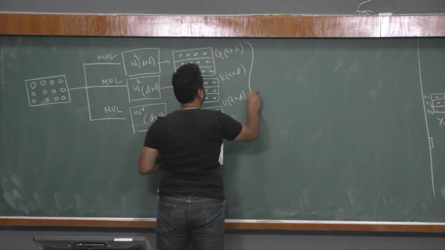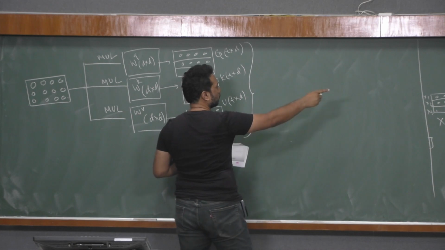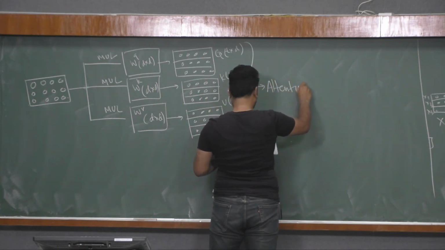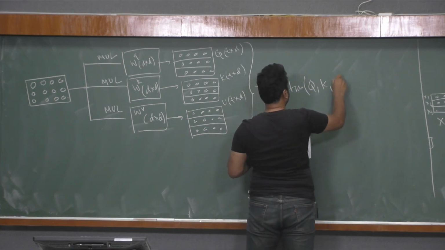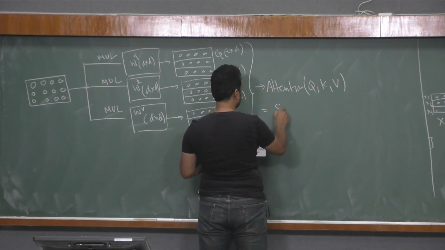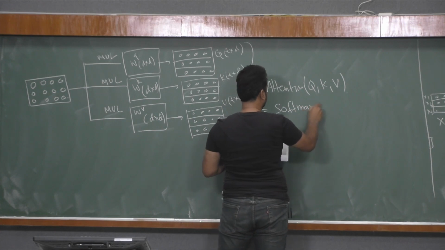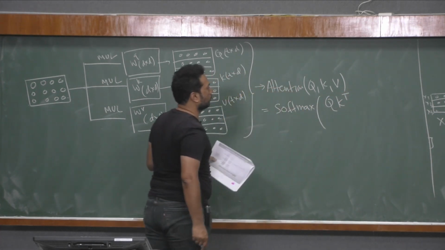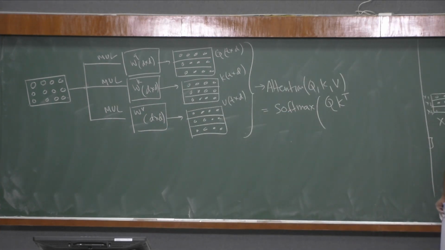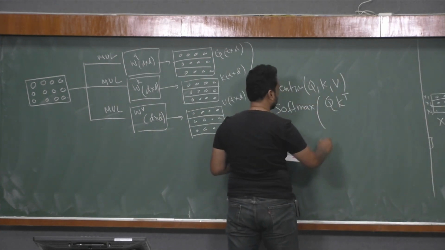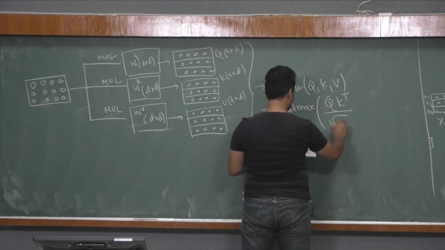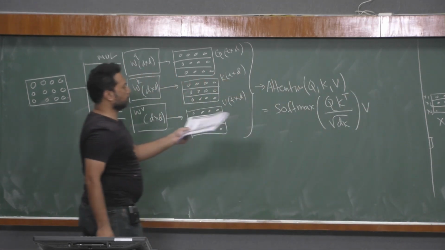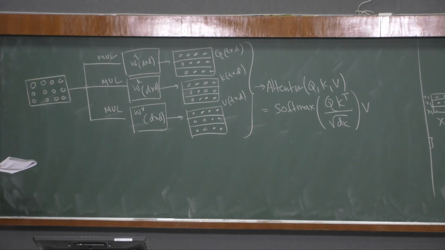We can compactly write whatever we have done as the attention function that takes Q, K, V. The operation it does is essentially softmax of Q K transpose, scaled by the square root of dk to get the scores, and then multiplied as the last step with the V matrix.